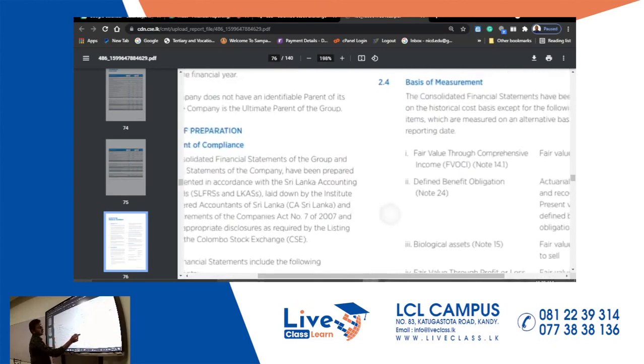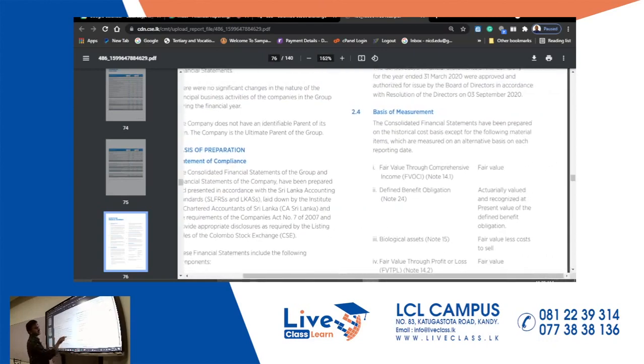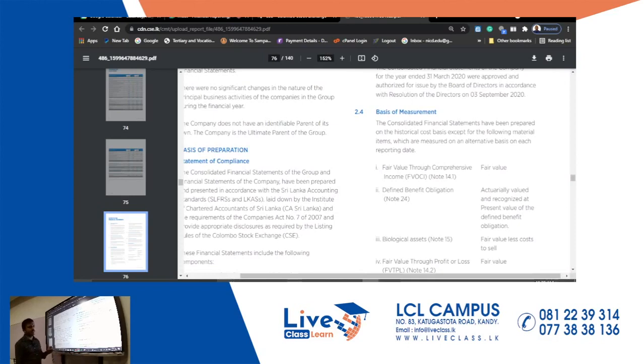Look, here they say this is the basis of measurement. The consolidated financial statements, forget about the word consolidation for the time being, the financial statements have been prepared on a historical cost basis except for the following material items, which are measured on an alternative basis on each reporting date. Look at this.